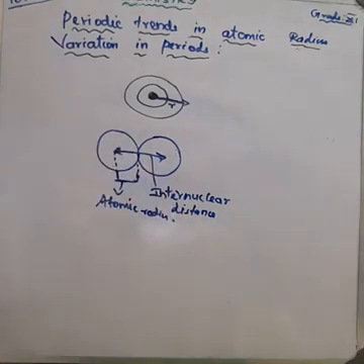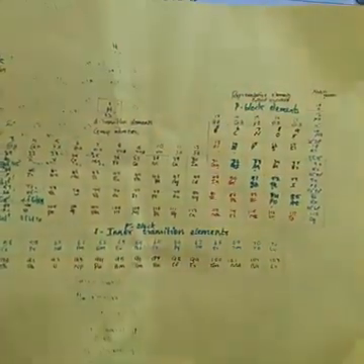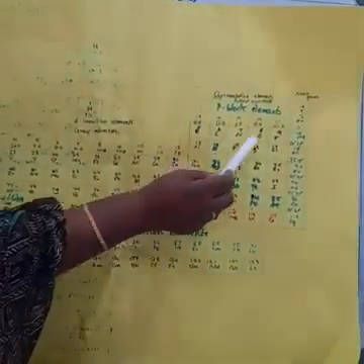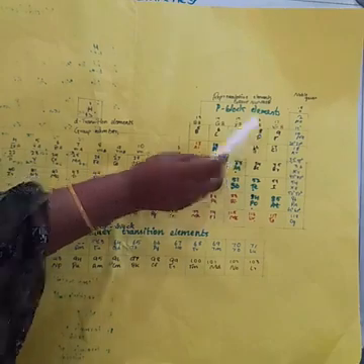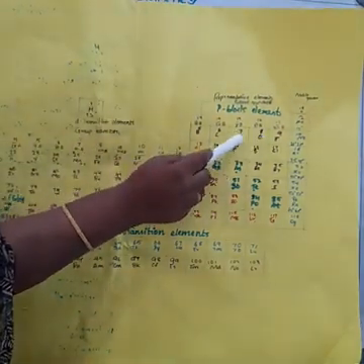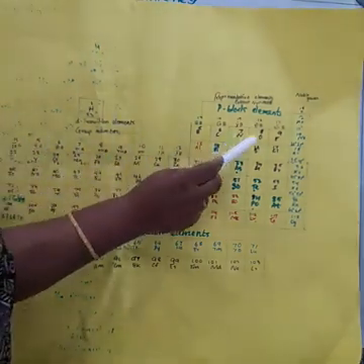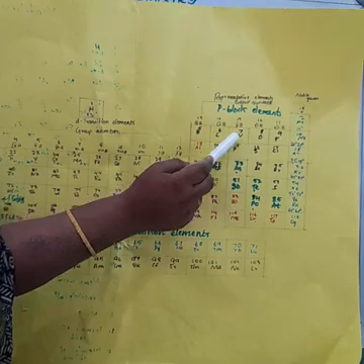We are going to study the atomic radius variation in periods. Atomic radius, how does it vary in periods? For example, I am taking the oxygen atom. You know, oxygen lies to the right of nitrogen in the periodic table.